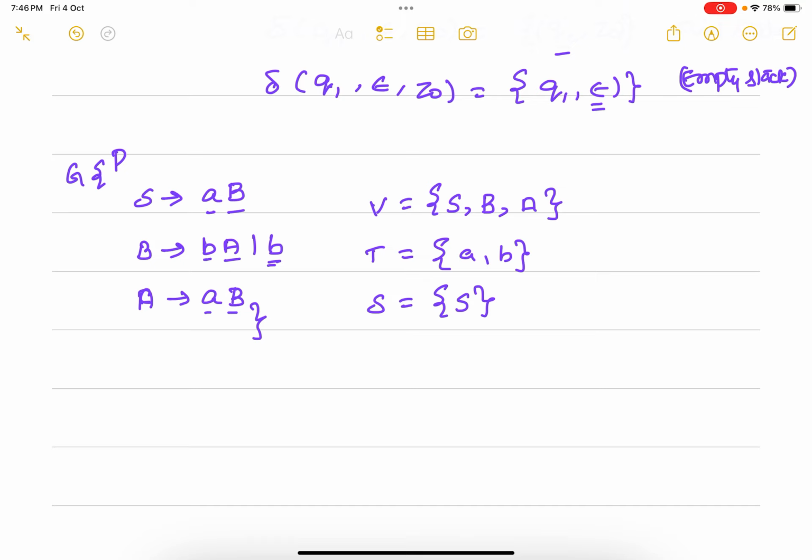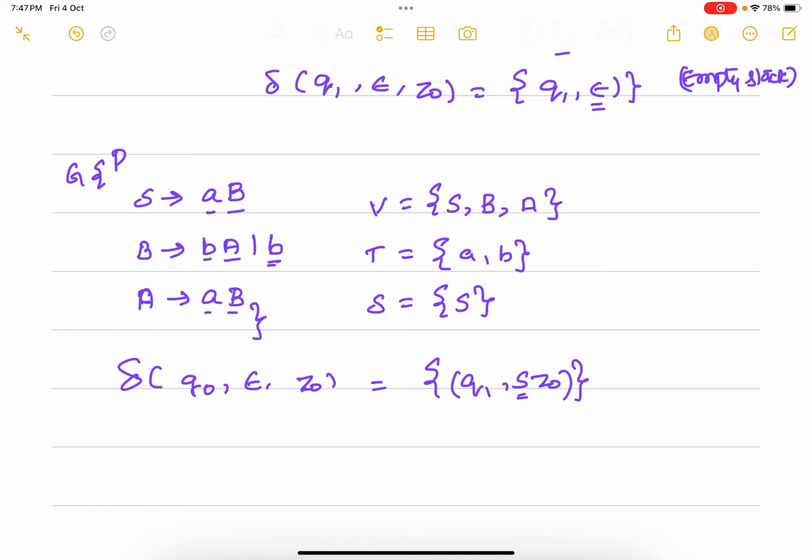The second step is to include the start symbol production. So what is the start symbol production? Delta of Q0 comma epsilon comma Z0 is equal to Q1 comma SZ0. This is the start symbol production. I am not doing anything else, I am just inserting the start symbol onto the stack.